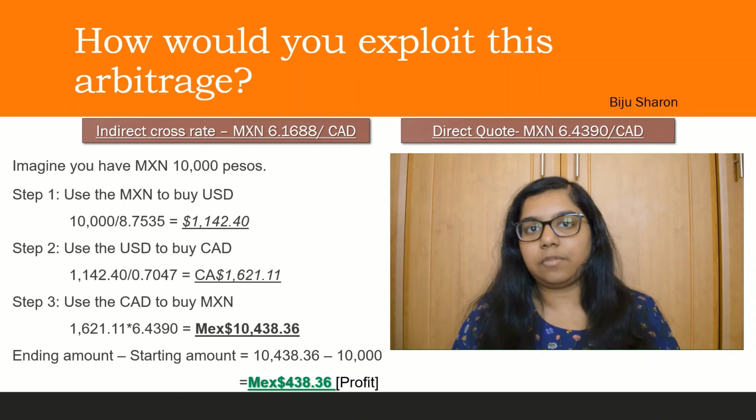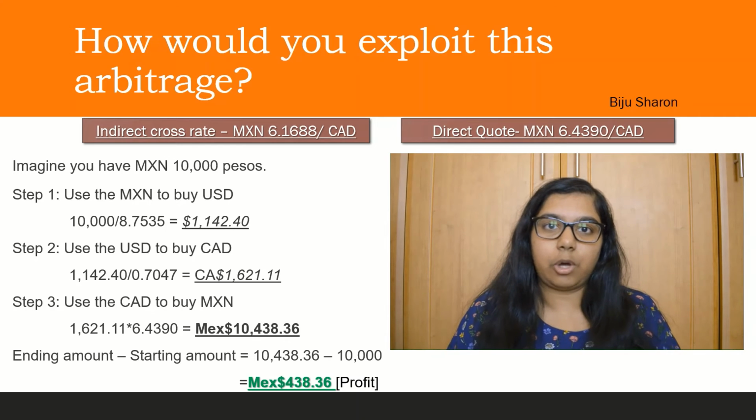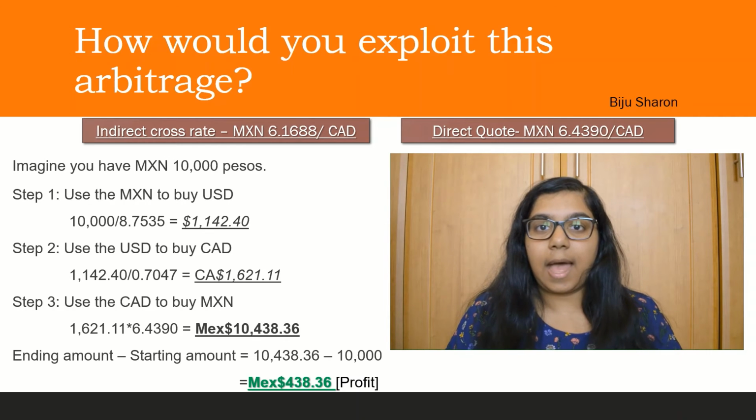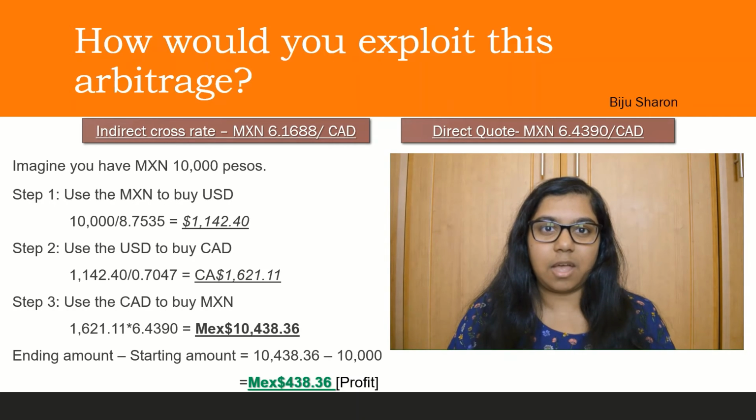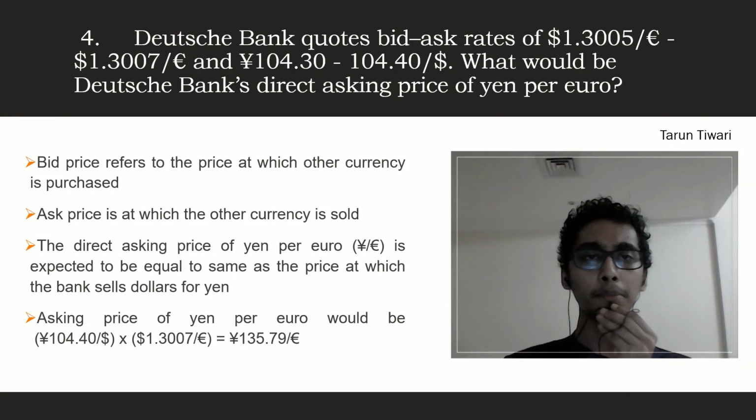In the end, we are left with 10,438.6 Mexican pesos, and at the beginning we had only 10,000 Mexican pesos. When we find the difference, we are left with 438.6 Mexican pesos profit.